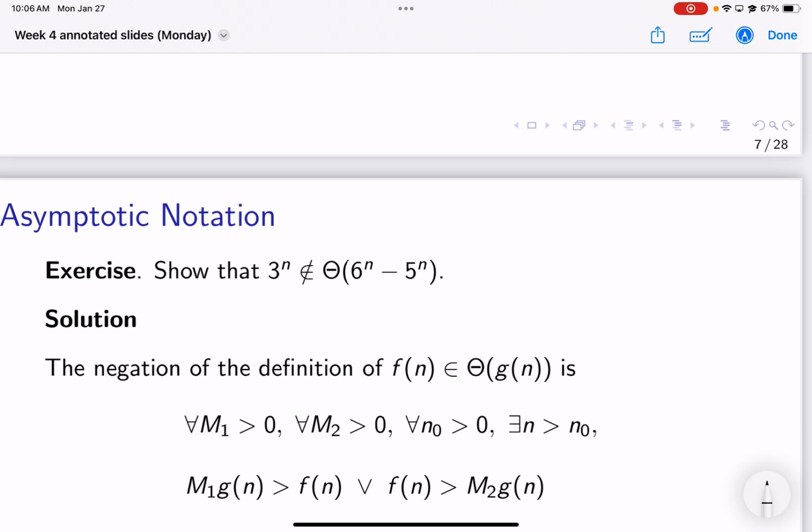You might think that subtracting 5 to the n from 6 to the n makes the result less than 3 to the n, but 6 to the n is absolutely humongous, and we're looking at how they behave from n naught up to infinity. 6 to the n will eventually overtake both 3 to the n and 5 to the n. After a certain point, this whole difference will always be greater than that. Subtracting 5 to the n is not enough to make 6 to the n small.